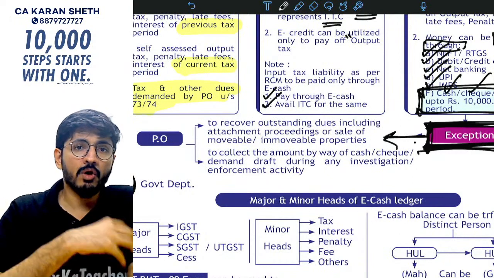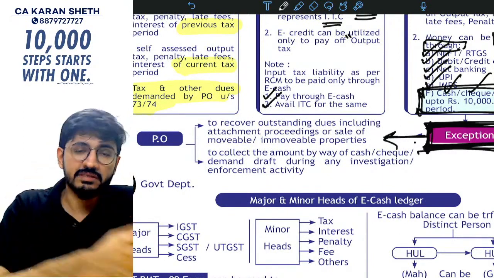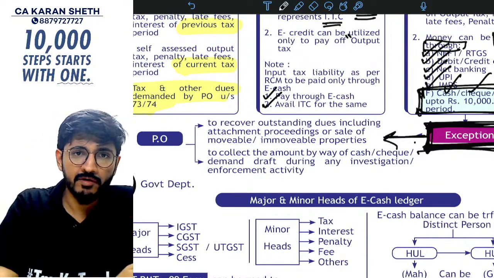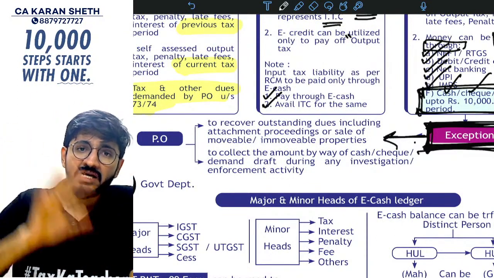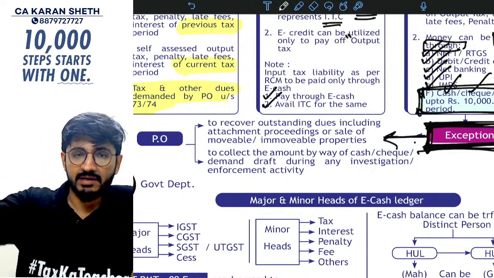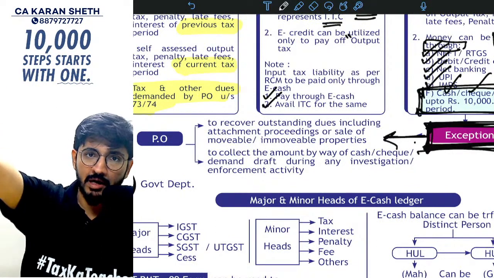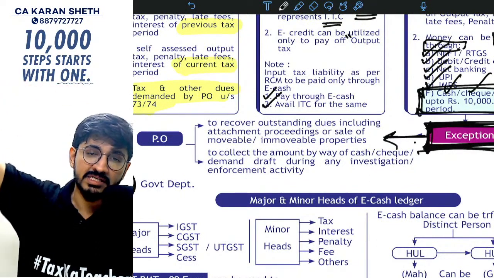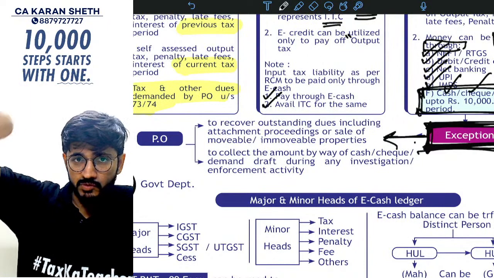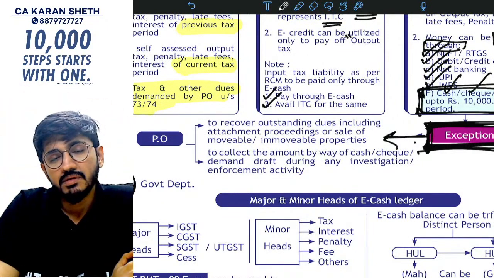For example, there were a lot of immovable and movable properties that you found. You sold them off, and now you have received a lot of cash, and you pay some of that by depositing it in a scheduled bank account and giving the GST number so that the amount is deposited in the e-cash ledger.